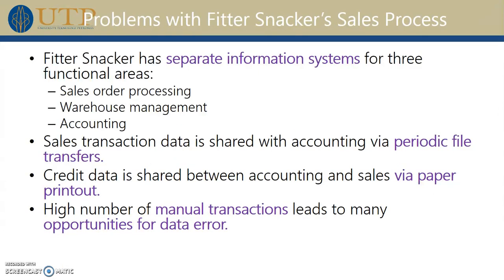There's a problem with Fictitious's sales process. Firstly, it has separate information systems for three of its functional areas: sales order processing, warehouse management, and also accounting. The sales transaction data is shared with accounting via periodic file transfers.